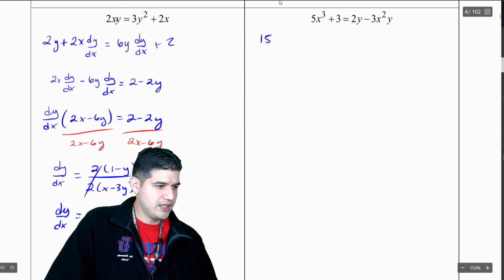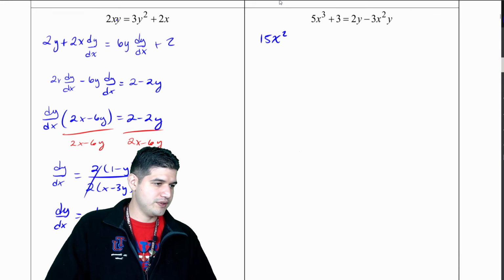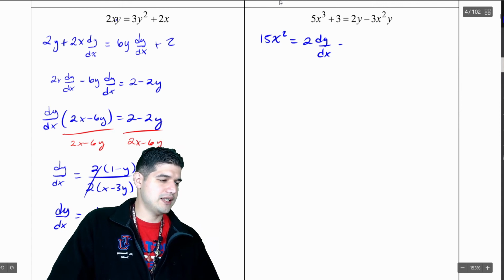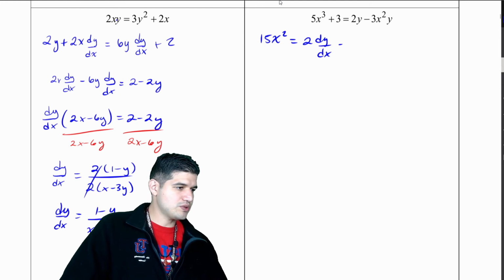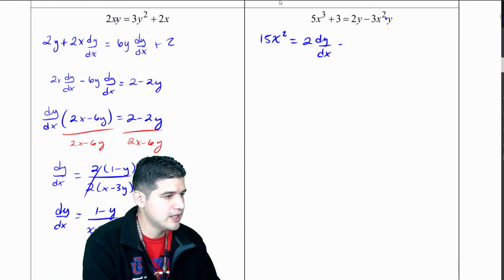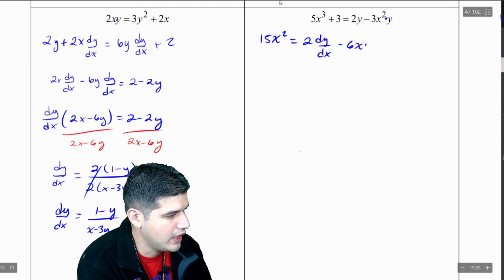So 15x minus 1, squared, plus the constant, so 0, equals 2 dy/dx minus, so I've got some tricky product rule here. So minus 6x times y, plus, nope, not plus, because it's going to be times a negative.